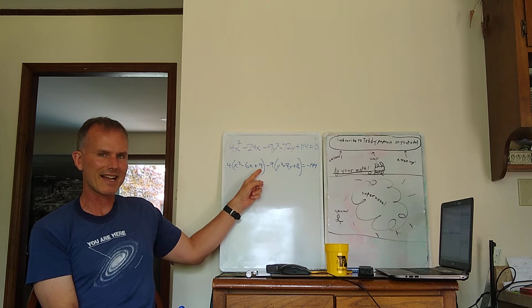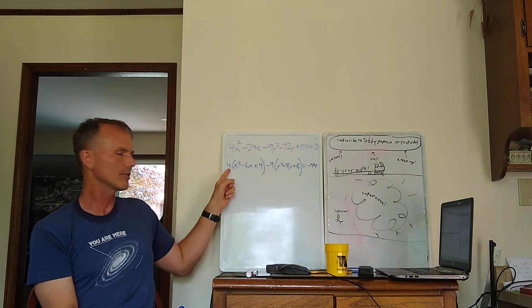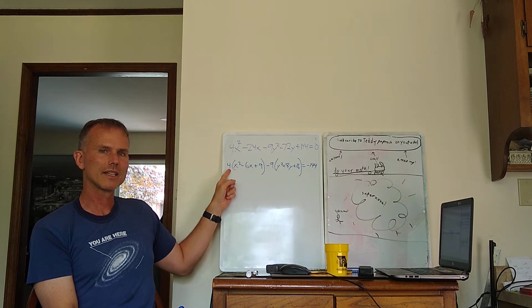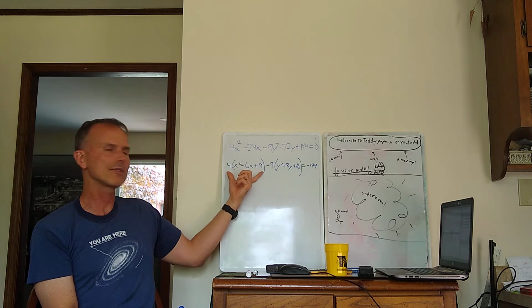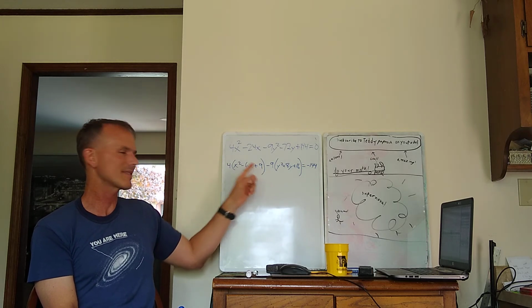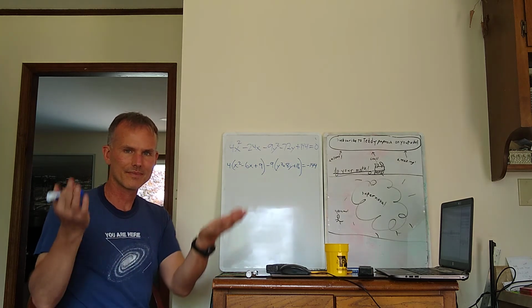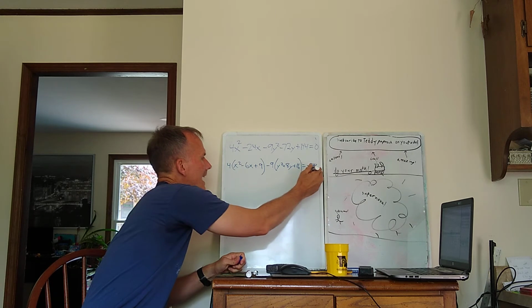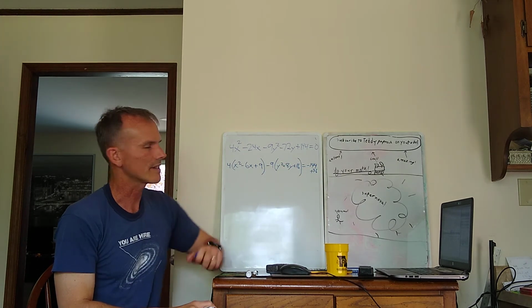But notice that that 9 is inside of a quantity that's being multiplied by 4. So essentially by putting this plus 9 here, I've increased the value of this side of the equation by 4 times 9, 36. So to balance the equation, I'm going to add 36 over there as well.